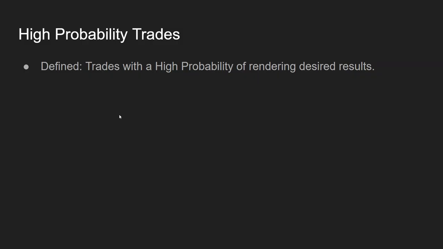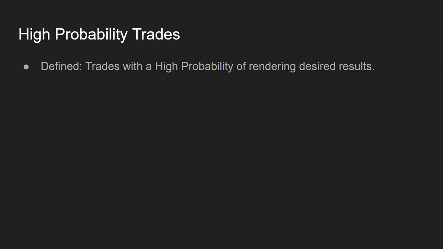So our goal is to pretty much take only trades that we can almost guarantee to win. That's just straight to the point, straightforward. We want to only take trades that will guarantee us wins.